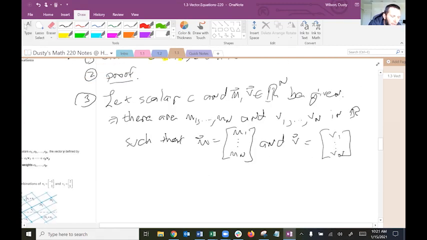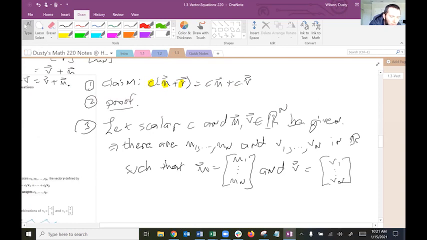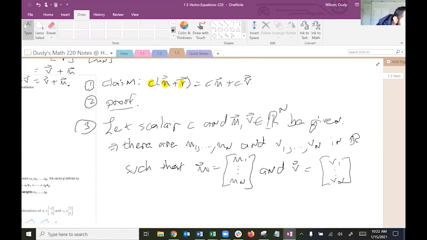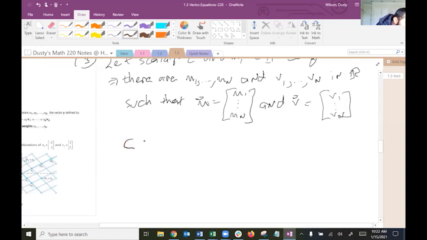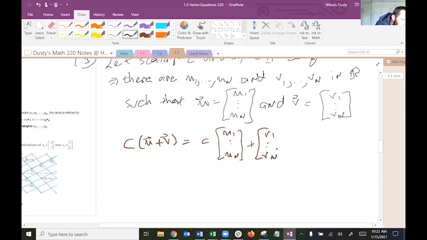So we've defined all of our terms, and then we look back at our claim. And just like we did in the previous one, we're going to start with the left side and work to the right side. Thanks for the suggestion, Twee. So this would be equal to c times u1 to un plus v1 to vn.